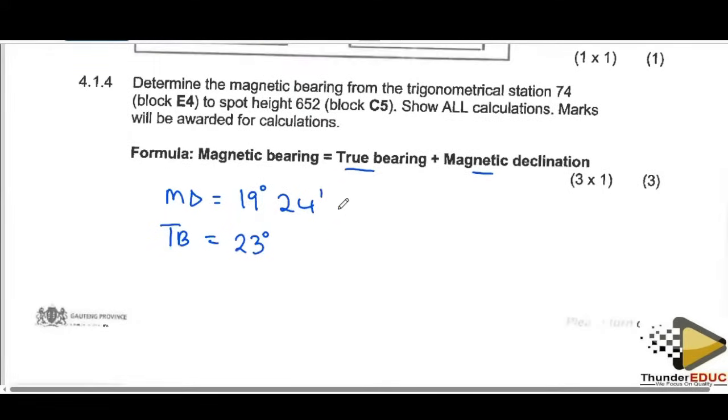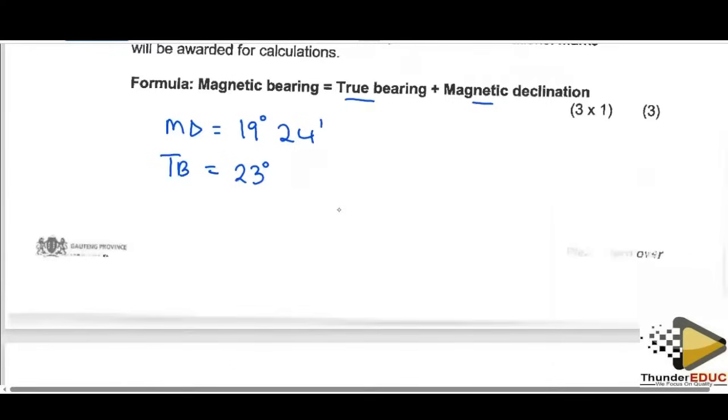Then what we do, we're going to add, and we say 19 degrees, 24 minutes, plus 23 degrees.